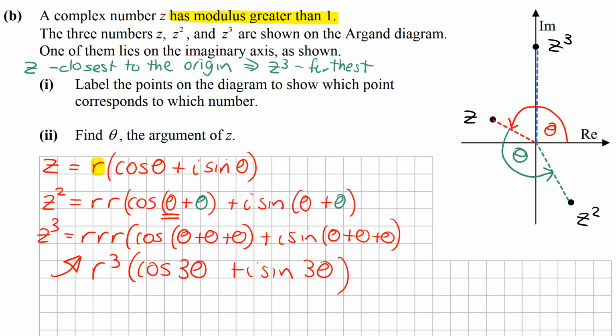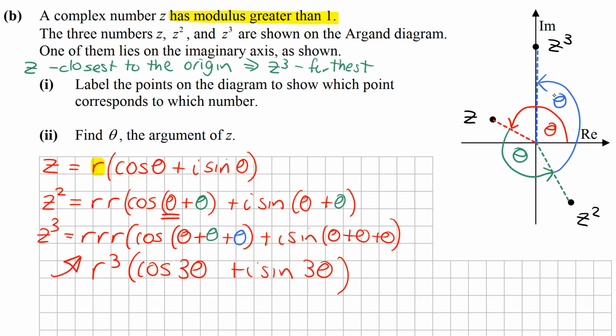And then we have a final theta. So for this one we'll have a red one, a green one, and a blue one. That must also be theta, so that must be 3 theta.